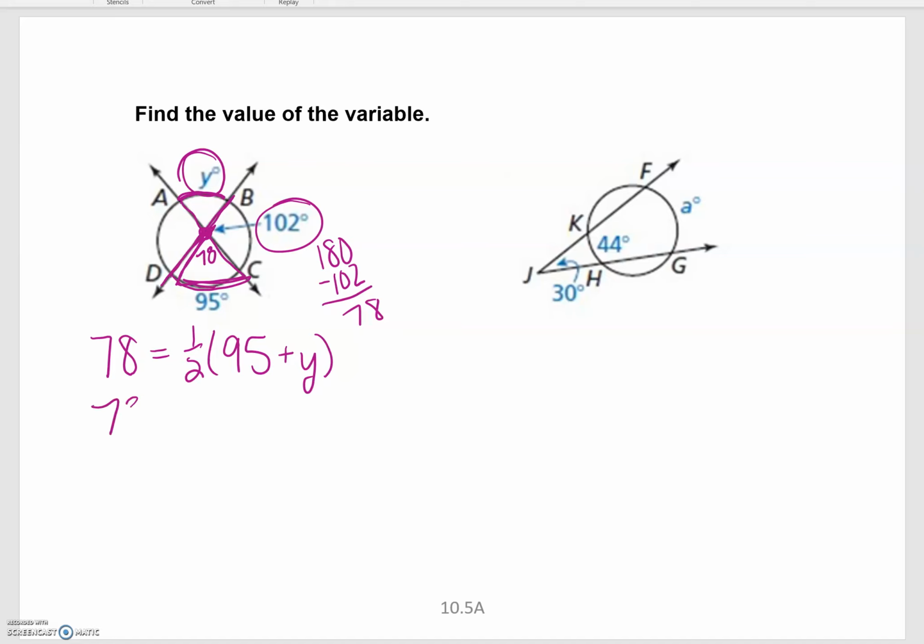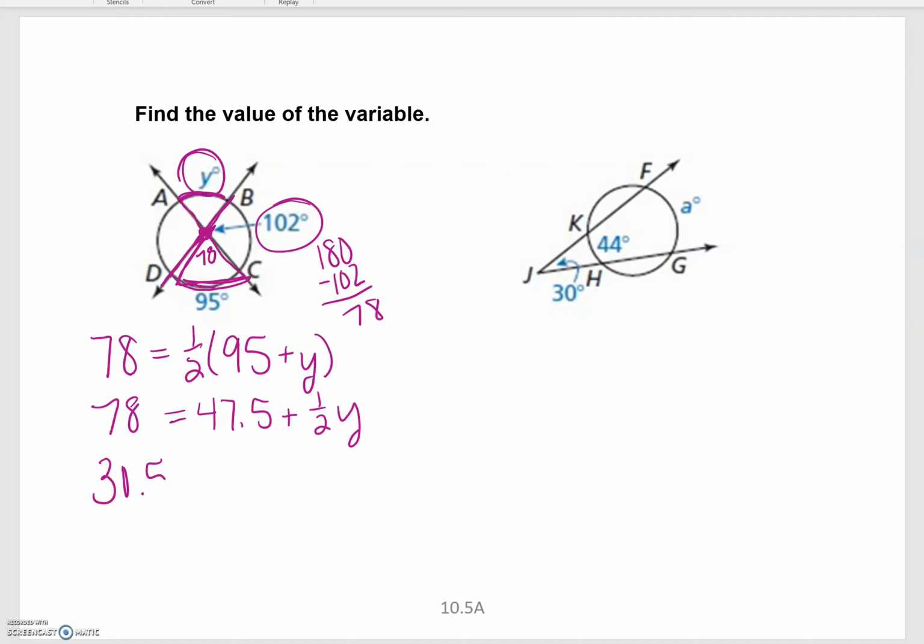So what I'm doing in this one is actually solving for one of the arc measurements. So I have 78 equals 1/2 of 95 plus 1/2 y. Okay, now if you're someone that right away wants to get rid of that 1/2, you could have multiplied everything by 2, but it doesn't matter at this point. So we're going to take that 78 and subtract our 47.5 over.